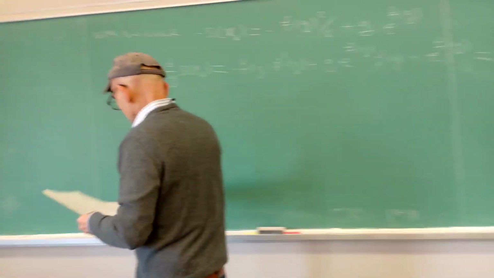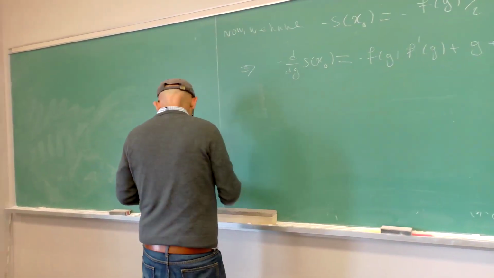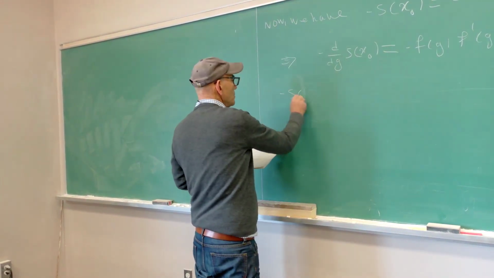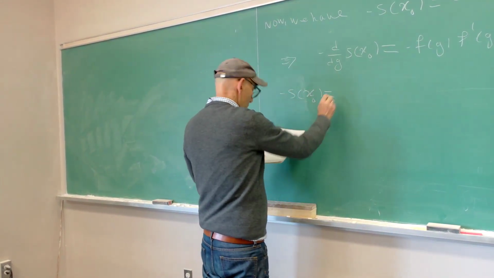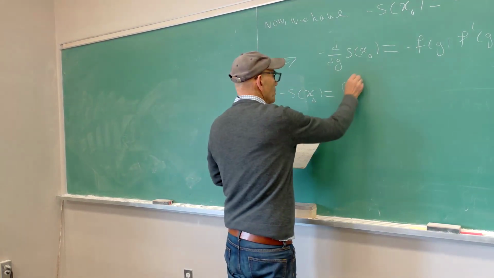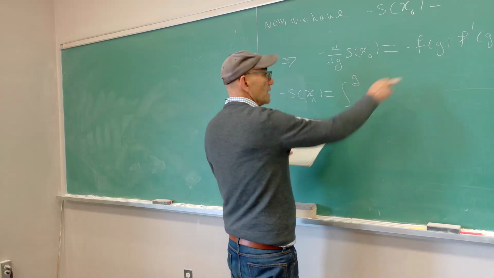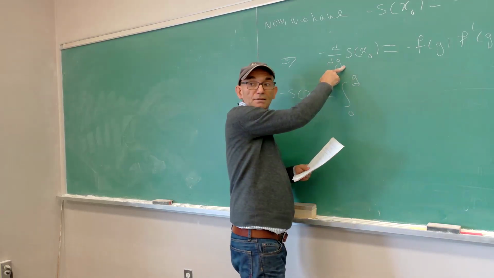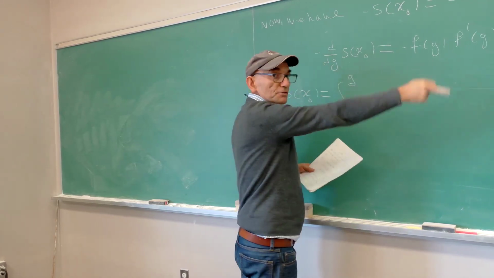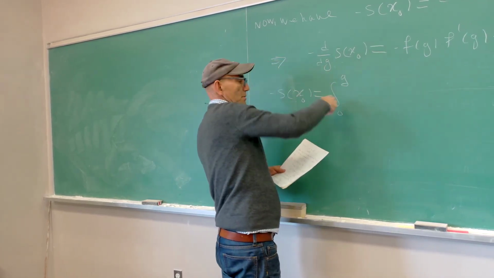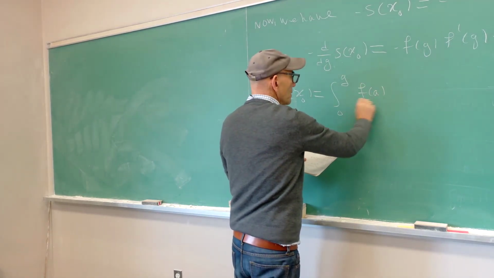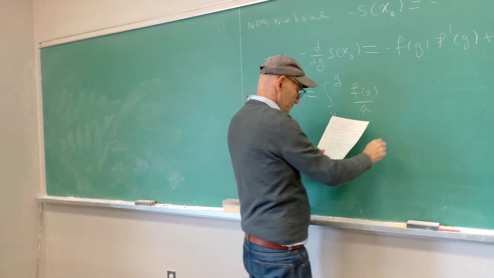So finally, from here we get that negative s of x0 is equal to the integral from 0 to g, by the fundamental theorem of calculus, of f of a over a, da.